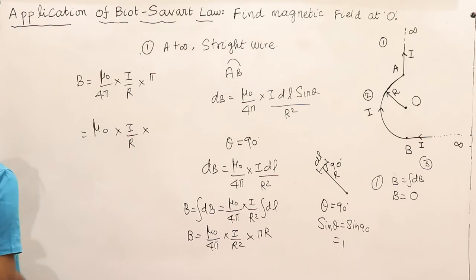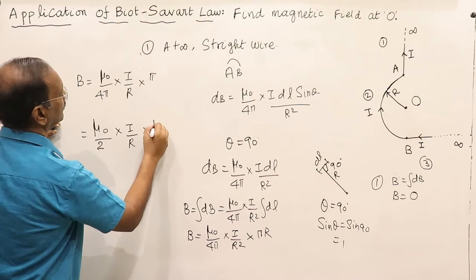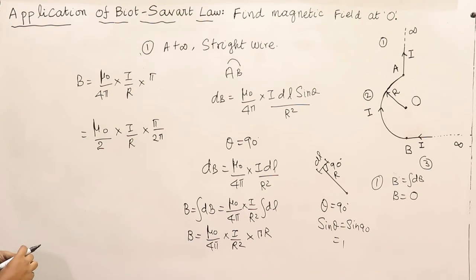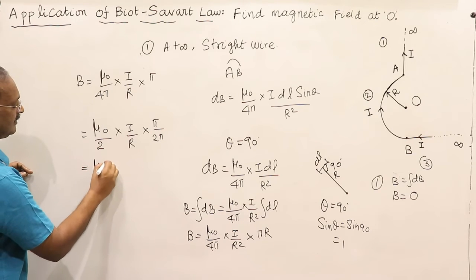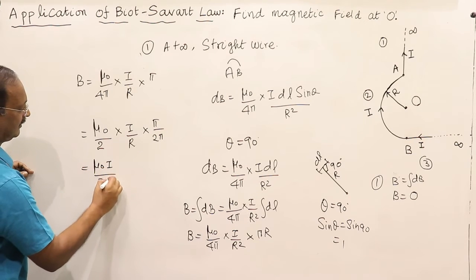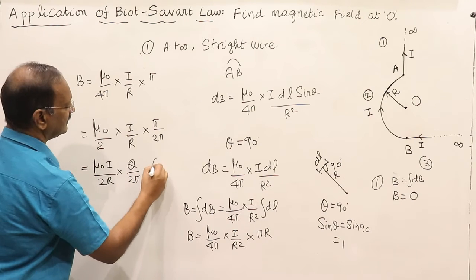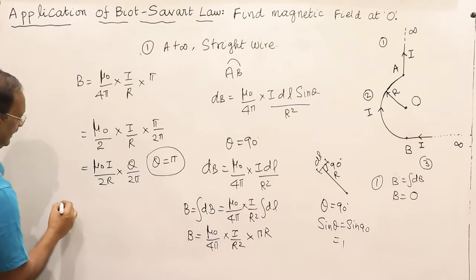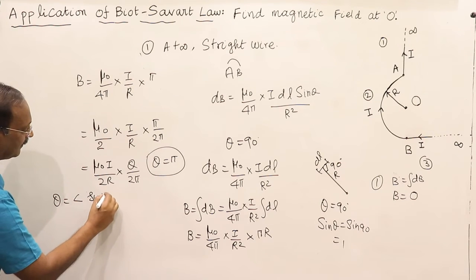Taking the angular portion outside, this is 2 into pi divided by 2 pi, or we can write mu naught I by 2r into theta divided by 2 pi, where theta is equal to pi.